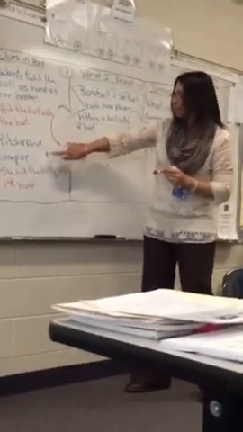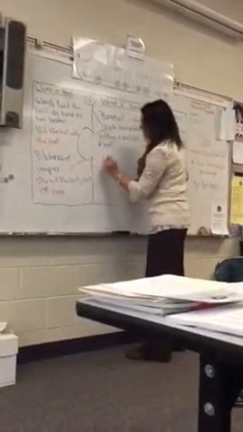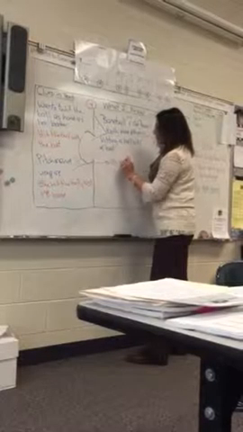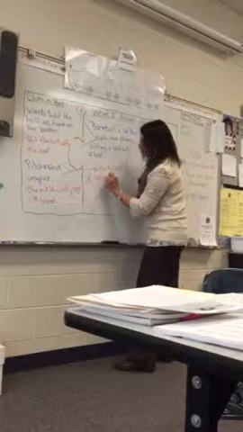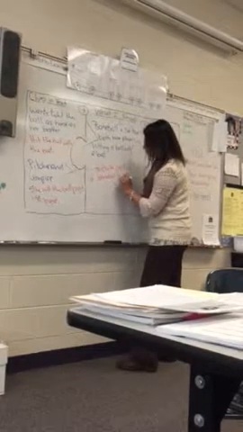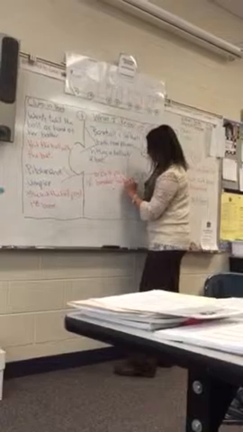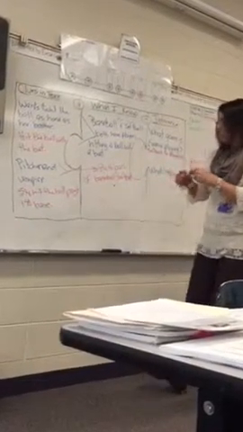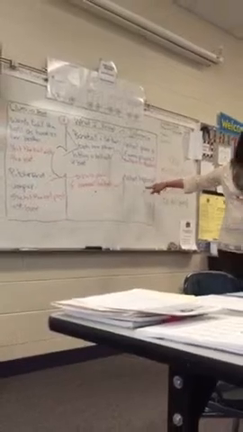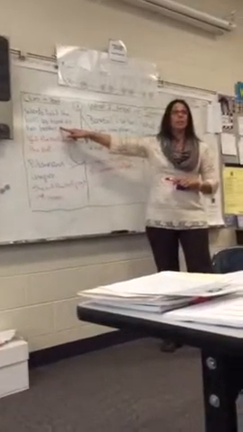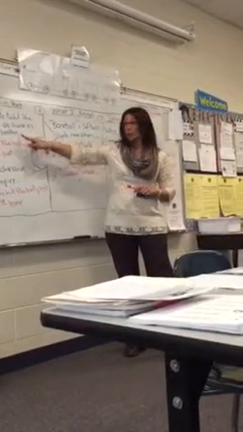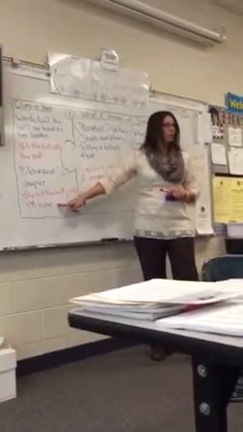Then we also know that the pitcher and the umpire are both part of baseball or softball. Now, what's the next question we have? What happened? What did she want to do? She wanted to hit the ball as hard as her brother could, and then what did she actually do?